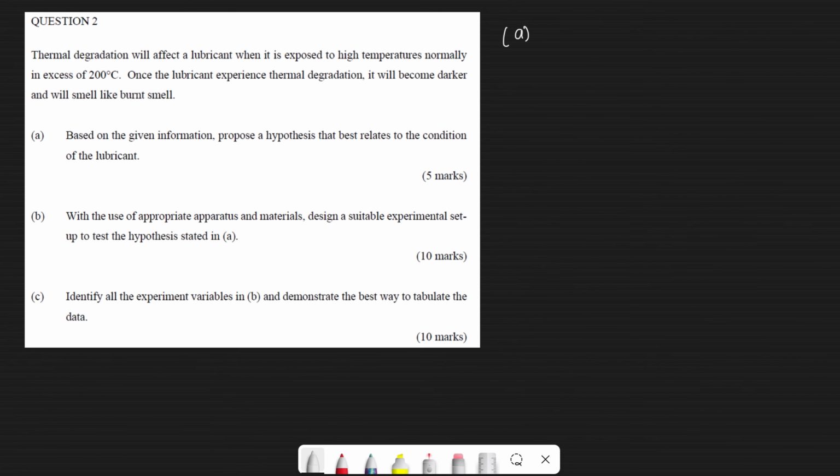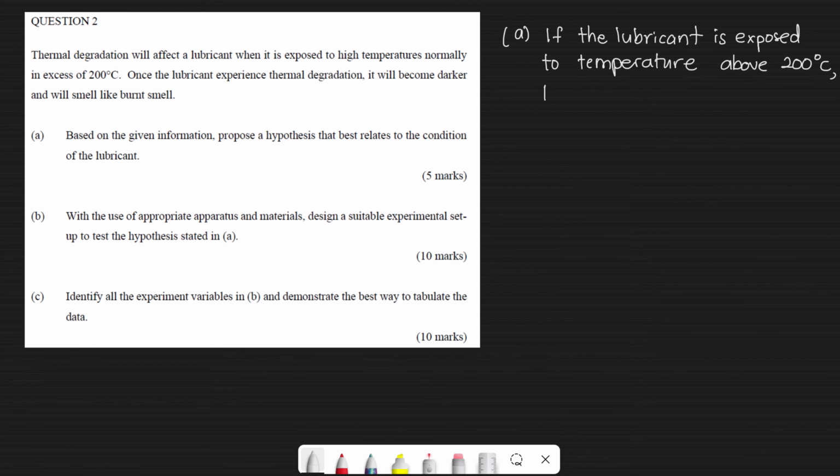Okay, so for A, you have to write the hypothesis. Right, so the hypothesis is if a lubricant is exposed to temperature above 200 degrees Celsius, then it will undergo thermal degradation.